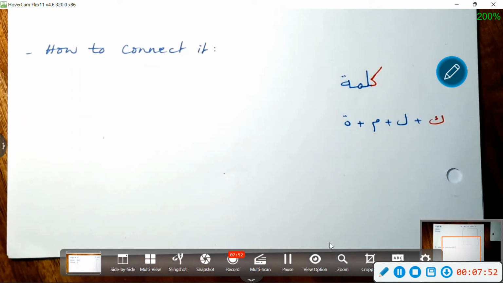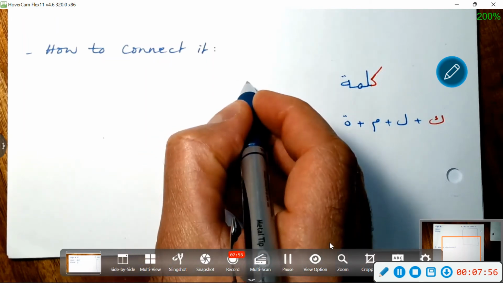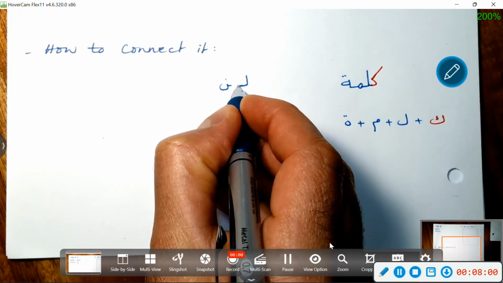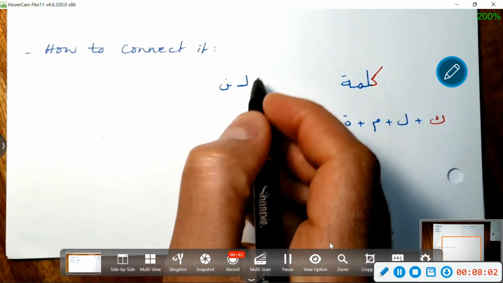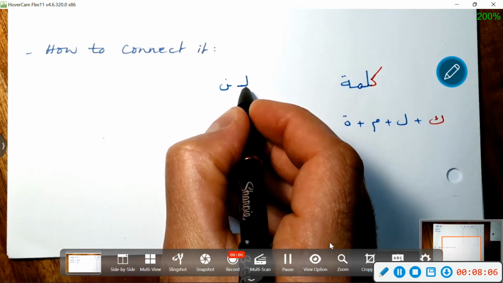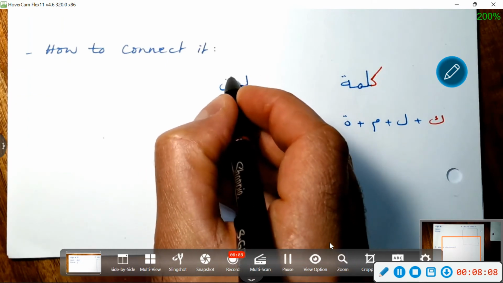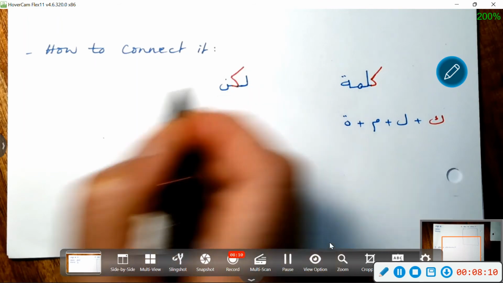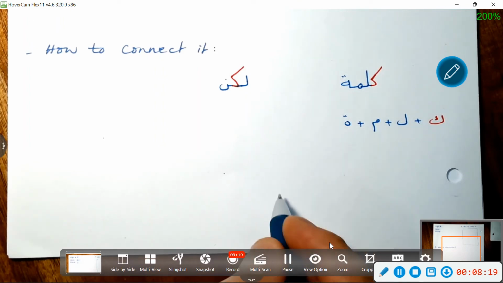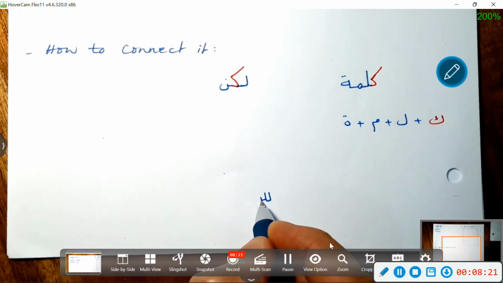The second word is going to be lakin. Lam. Lakin. Now, this is the lam. So the lam, we extended the base of the lam a little bit so we can connect it. Lakin. So if you notice, sometimes in Arabic, we can say lakin like this.